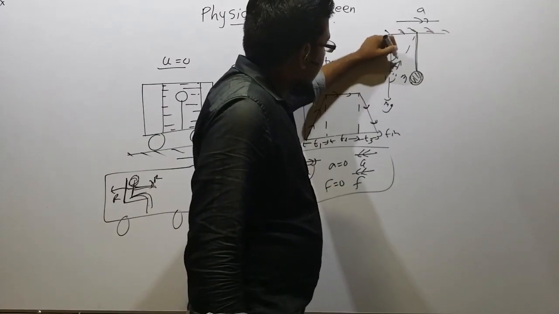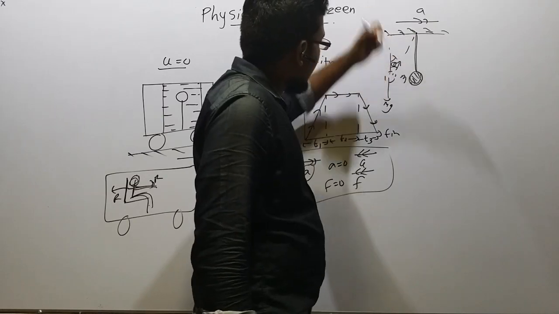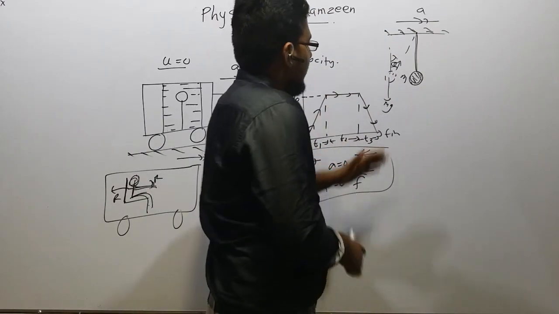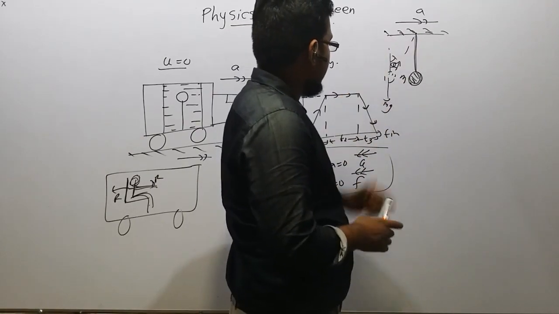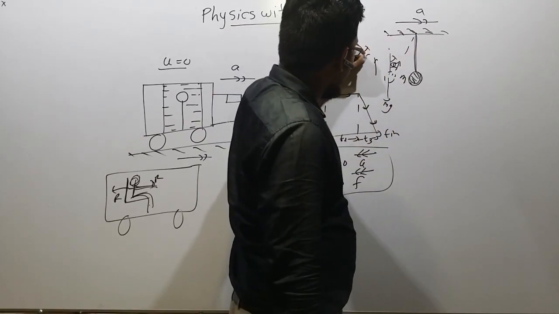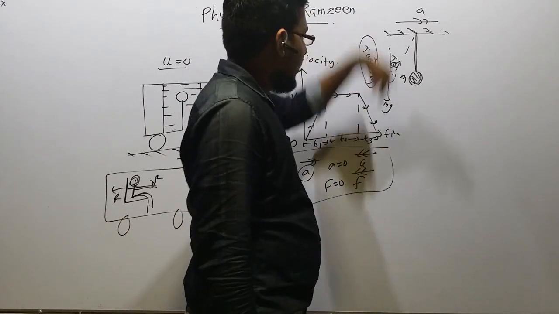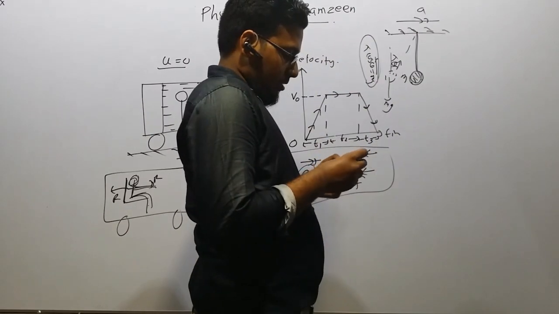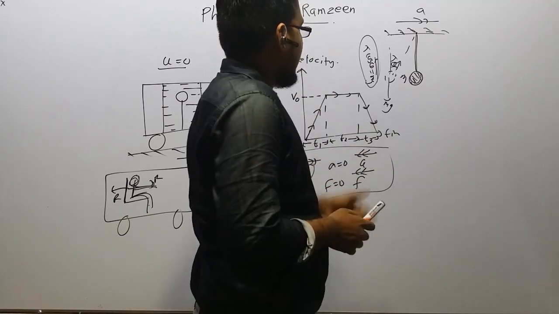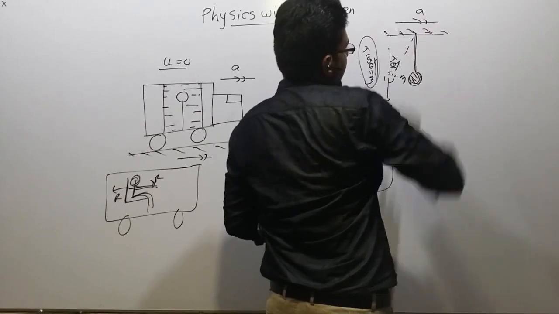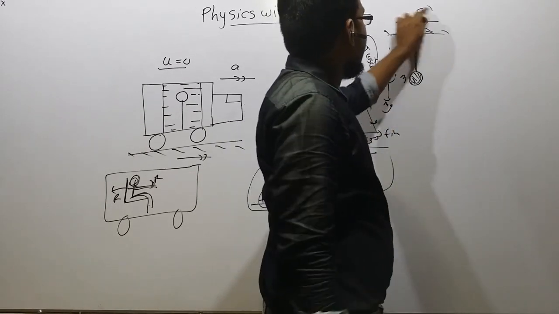Then this is the angle of the tension, right? Then I can say T cos theta balances mg, because there is no acceleration in the vertical direction, and there is a horizontal acceleration a.